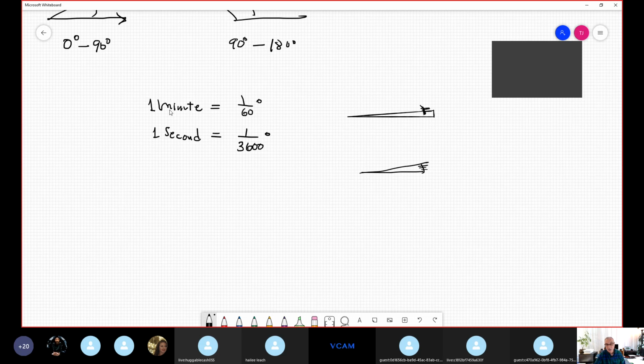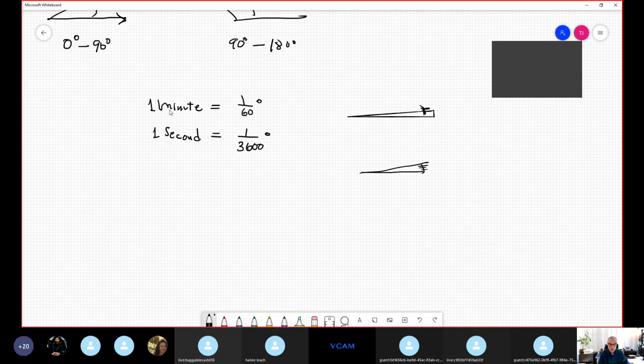Okay, so I want to explain how we convert, for example, when a problem gives the GPS position on the Earth. In Google Earth, you can find the position of any point on the planet, and you will need to navigate from one point to another point.